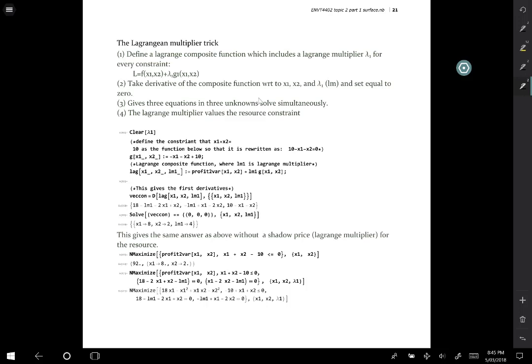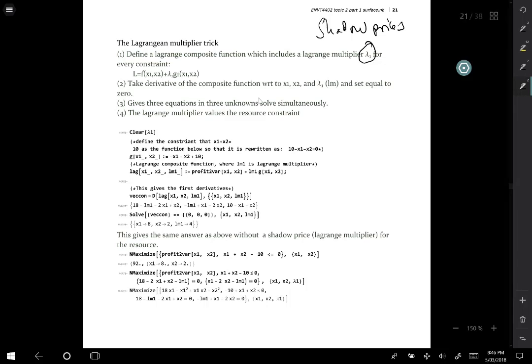The first thing is to define a Lagrange composite function which includes a Lagrange multiplier for every constraint, and I'm going to have the tradition here of using lambda to represent the Lagrange multipliers. You can also call these, slightly incorrectly, shadow prices, and I'll explain why that is a bit later.